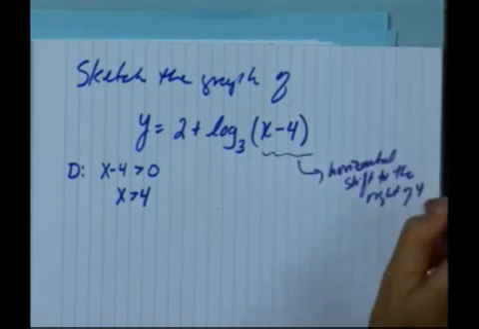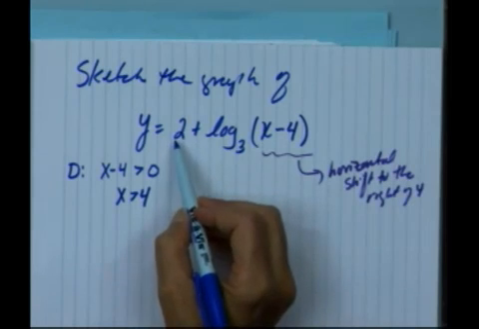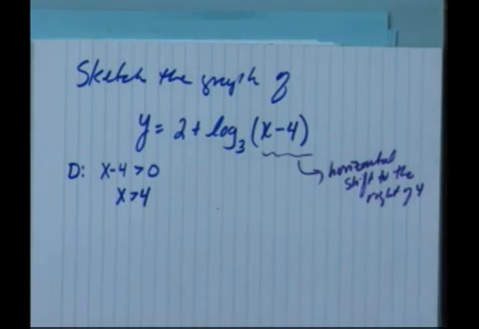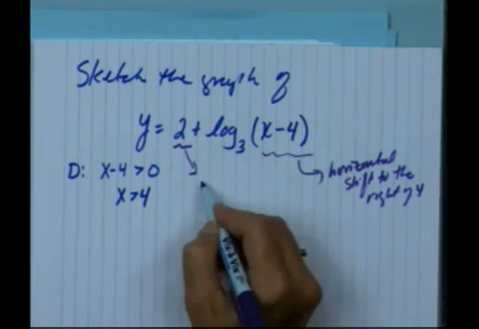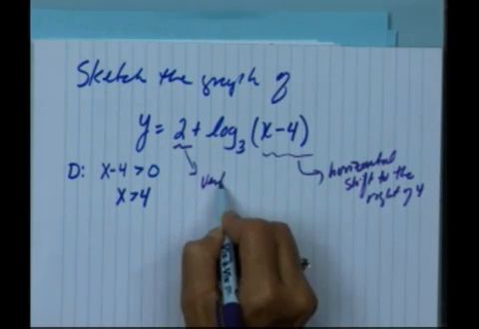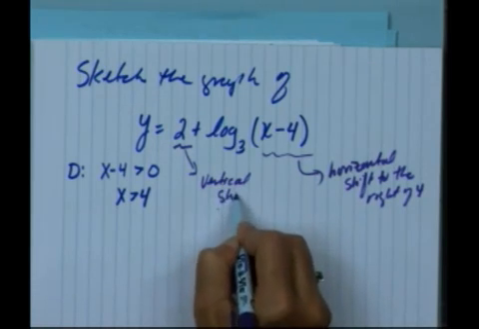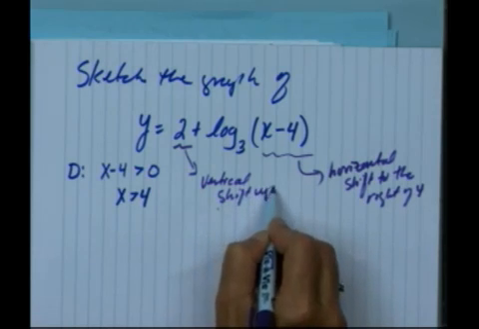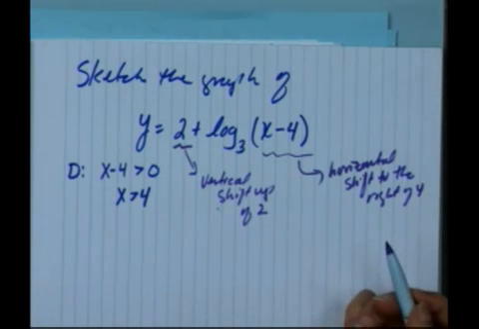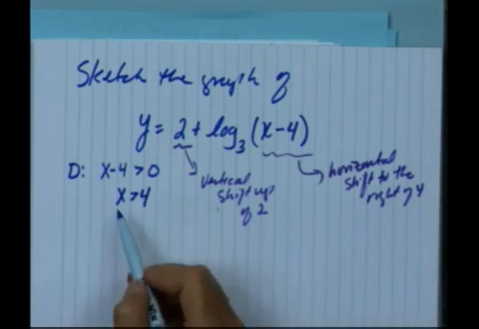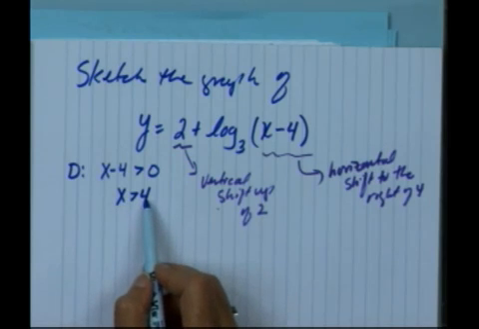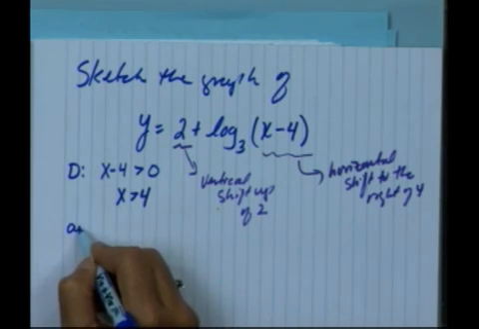Okay. What does this plus 2 tell you? What did that tell you, everybody? That's going to be a vertical shift up of 2. Okay. Oh, let me back up. If my domain is x is greater than 4, do you immediately know the asymptote?